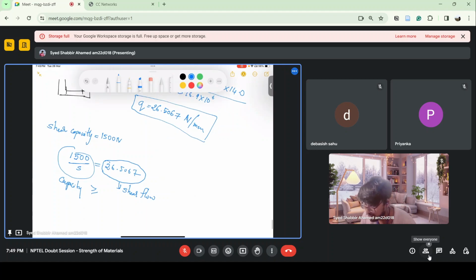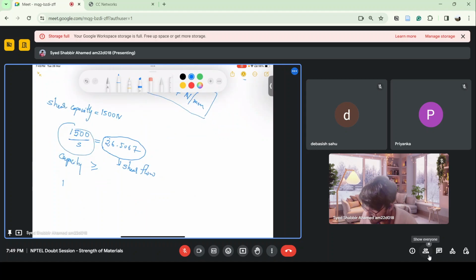So the spacing can be calculated as 1500 over S, which should be greater than or equal to 26.506.